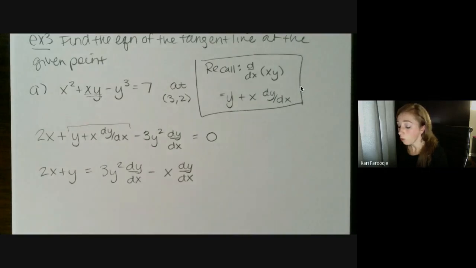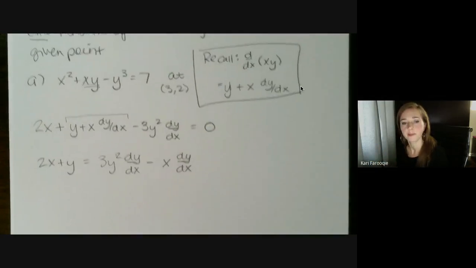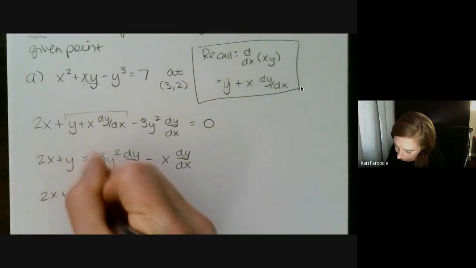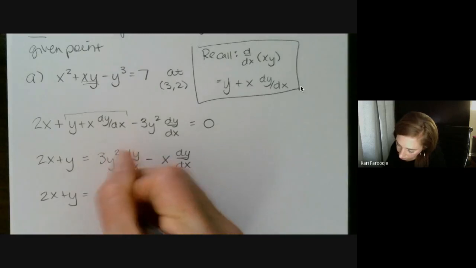Now, if you already left your dy dx's on the left and you want to work through this, that's fine. You can check your work against mine, and you'll notice that in your answer for dy dx, your derivative will have the exact opposite signs on each term, which is fine. So I'm going to factor out the dy dx.